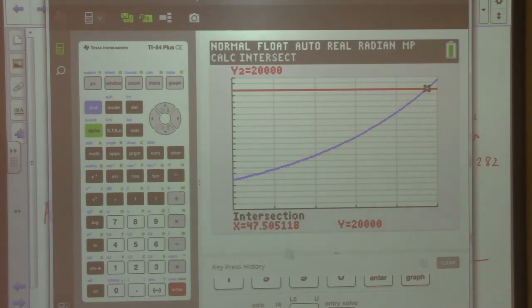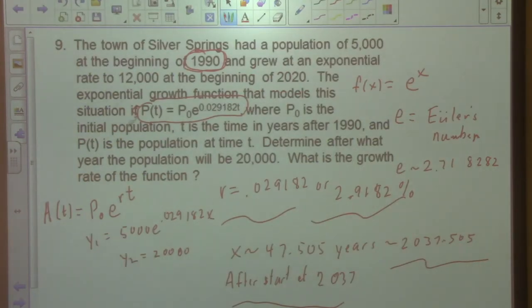So after the start of 2037. Yeah, after 2037. Okay, so that's going to be it.